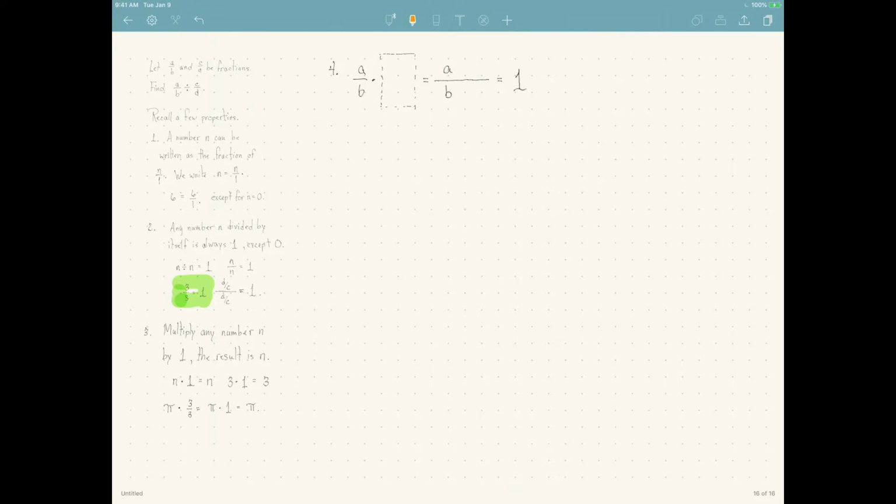We said that if we can get the number over itself, we know the answer is 1. I have a b in the bottom, so I probably need a b in the top. I have an a in the top, so I probably need an a in the bottom.